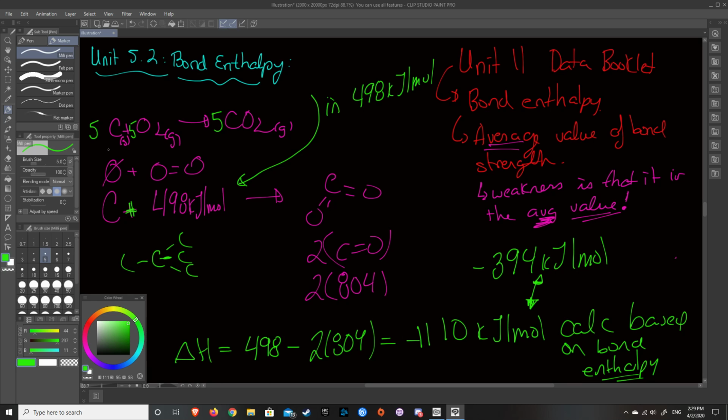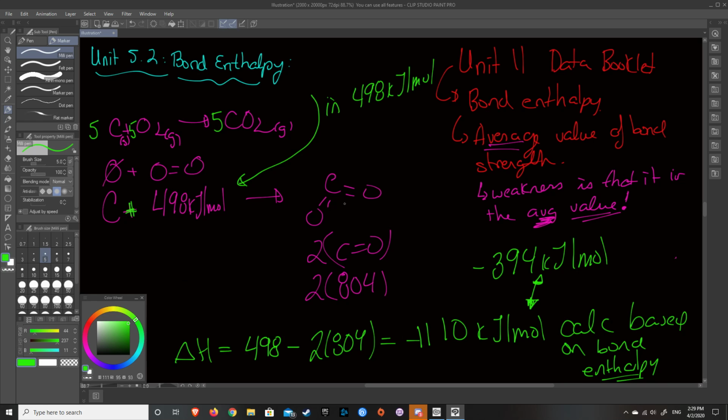So now we've got 1, 2, 3, 4 single carbon bonds in graphite. Not graphene, because graphene has that hexagonal structure. It's got some double bonds in there. So give me 1 second.